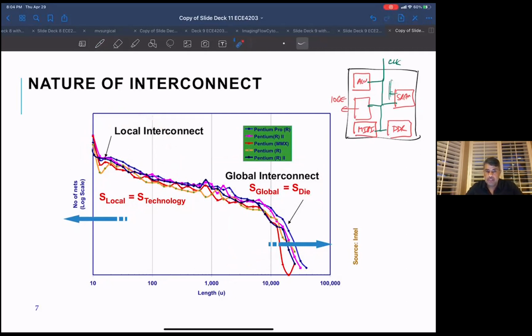But the clock is going to get 90% of your attention when it comes to worrying about resistance, capacitance, and crosstalk. And then next there'll be some important bus running through your chip, running very fast. But there's a limited number of lines. It's just the nature of the interconnect.